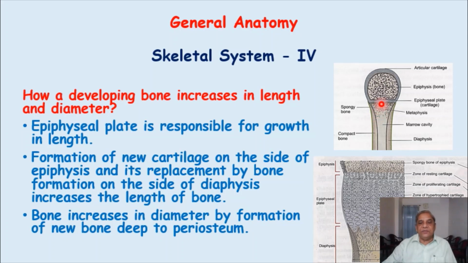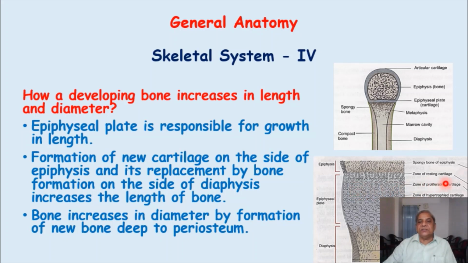Now, formation of new cartilage always takes place on the epiphyseal side of this epiphyseal plate. See, this is the epiphysis, the bone at the end which has developed from the secondary center, and this is the side of the epiphyseal plate which is facing the epiphysis. This surface of the cartilage of the epiphyseal plate is divided into many layers, as you must have already learned.